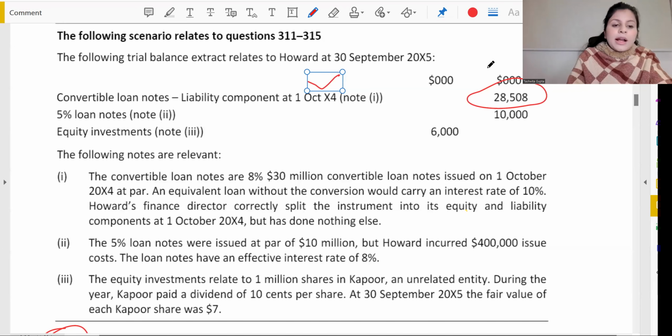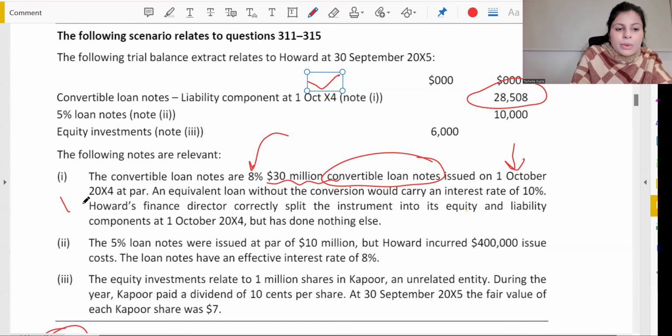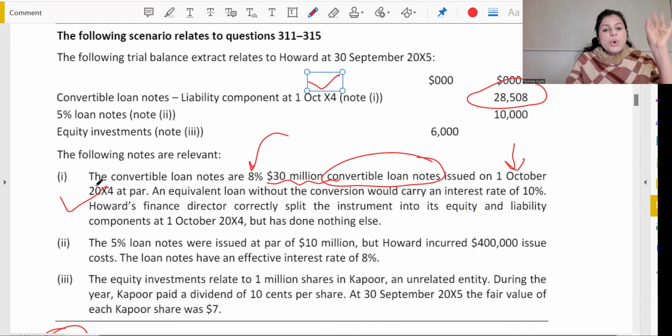They are saying that the convertible loan notes are 8%, $30 million convertible loan notes, which were issued on 1st October 2014 at par. An equivalent loan without the conversion option would carry an interest rate of 10%.